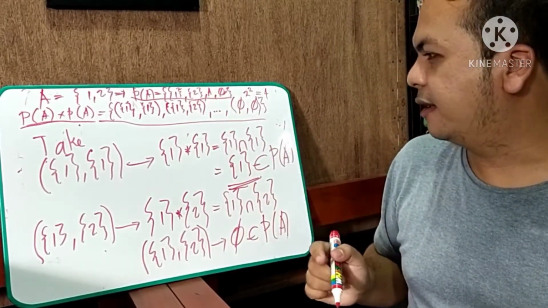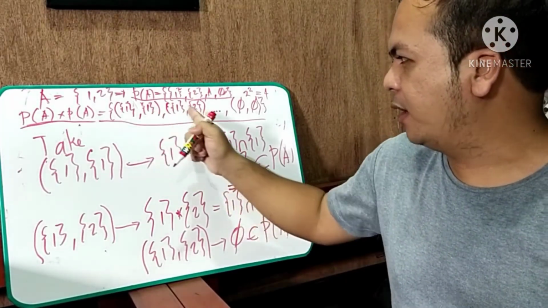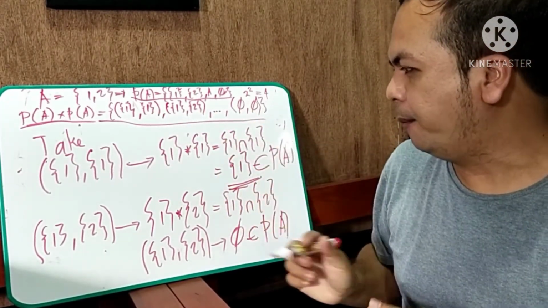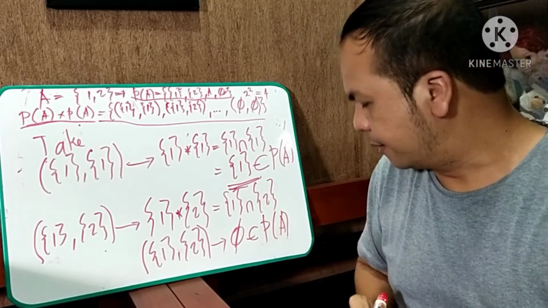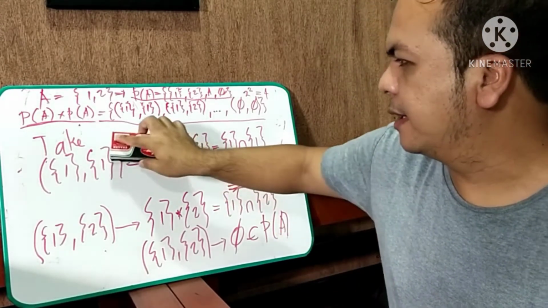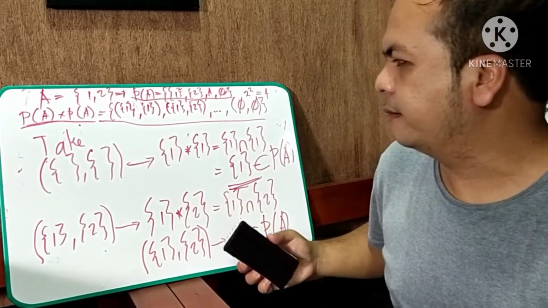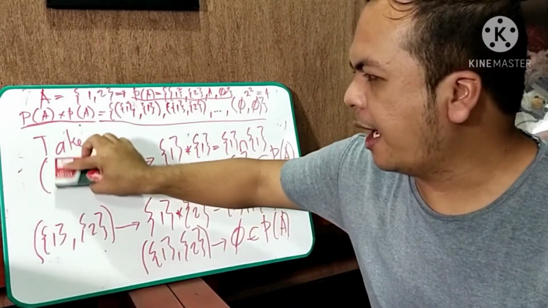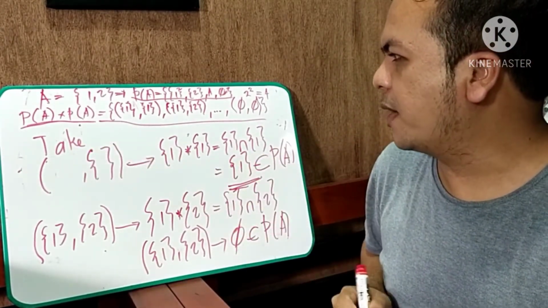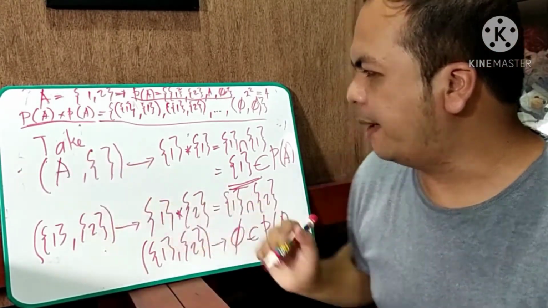For the third, kailangan pa natin gamitin yung pangatlong element. Okay, for example, let's have, for example, A. So we are sure also that A and empty.